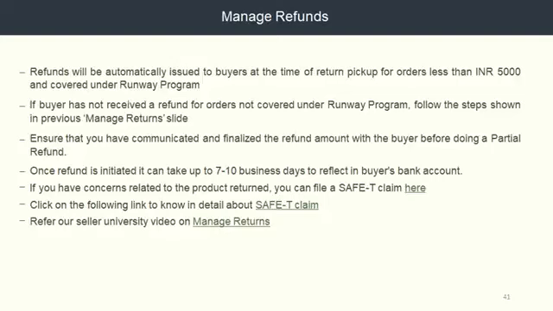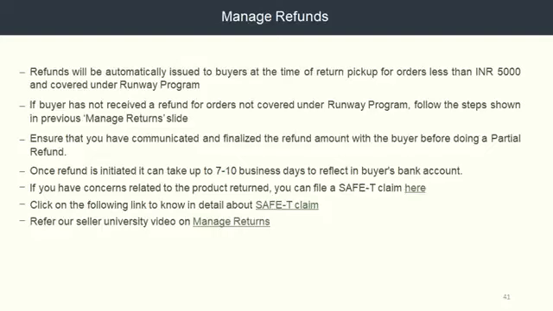These are certain parameters you have to keep in mind. You have to authorize the return or reject the authorization request within the prescribed time limit. If you do not take action, then the Amazon team will automatically issue and authorize the refund on your behalf.